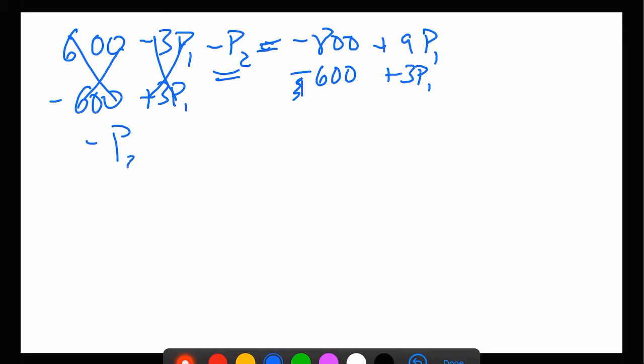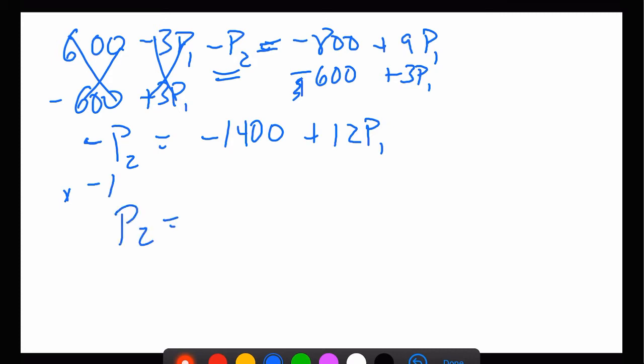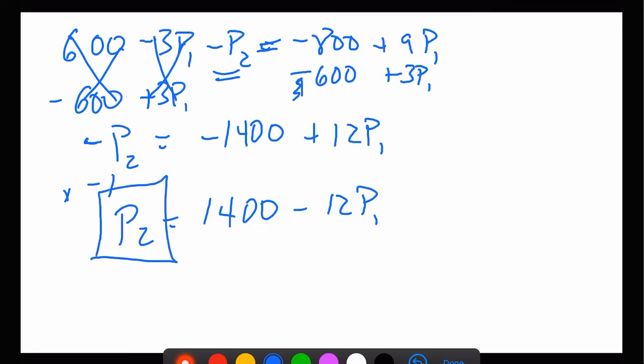And I get minus p2 equals minus 1400 plus 12p1. Now I multiply the whole thing by minus 1, so I get p2 equals 1400 minus 12p1. Now I know the relationship between the price of marshmallows and the price of cocoa.